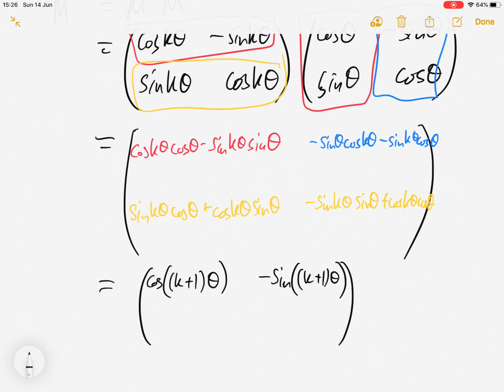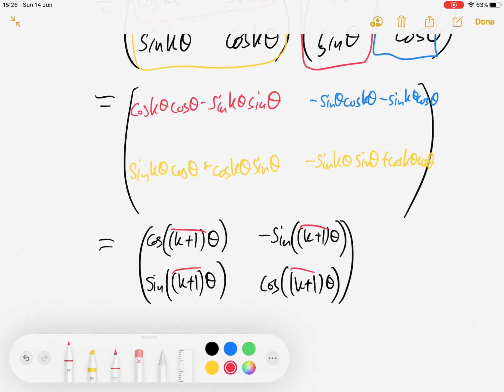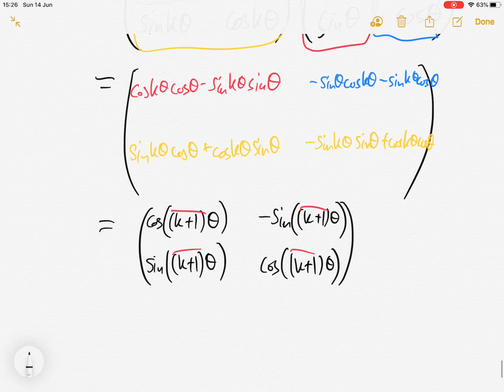The bottom left entry is sine of k theta plus theta, or sine of k plus 1 lots of theta. And the bottom right is the same as the top left. And now we have what we wanted. We have all of these k plus 1s in the right place. So now we can make our conclusion.